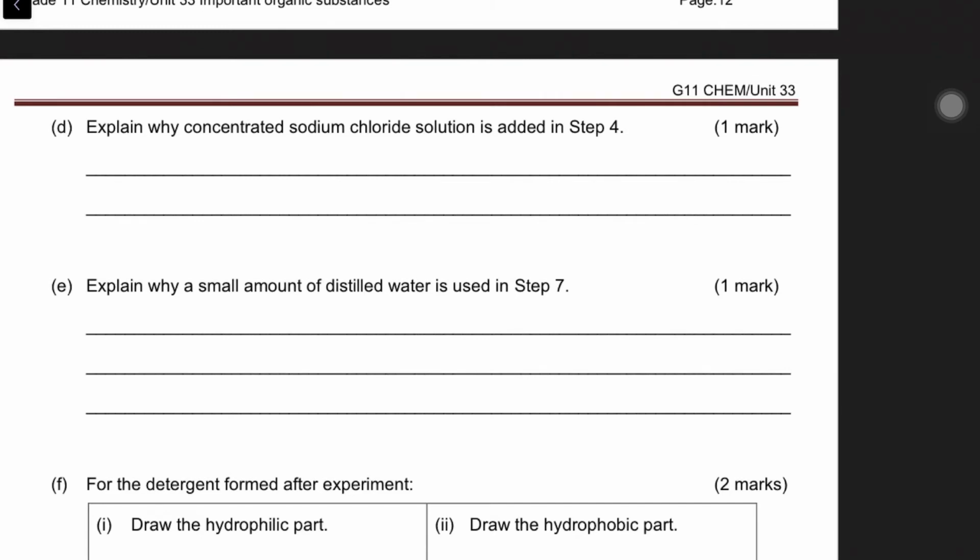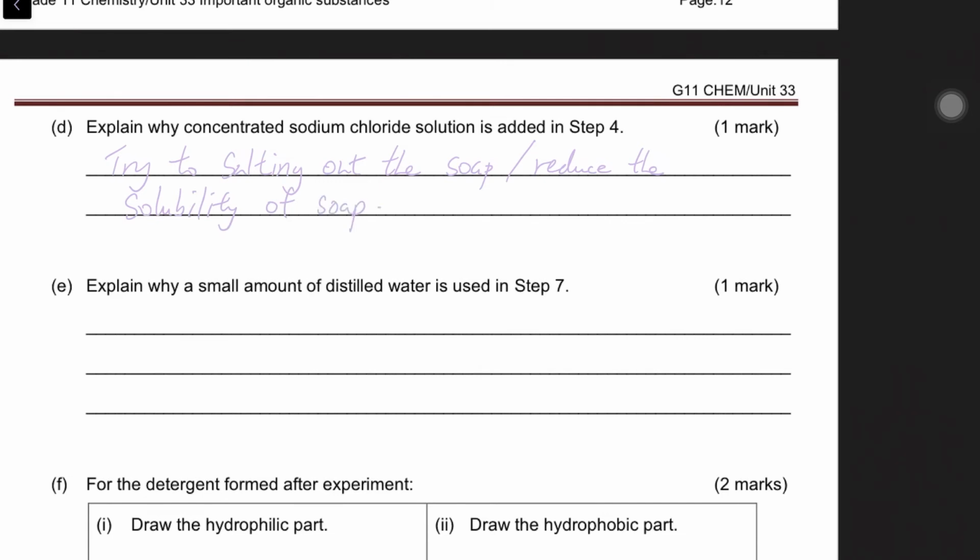So what is the function of the sodium chloride solution? It is to salt out the soap. Or you can say it reduces the solubility of soap.